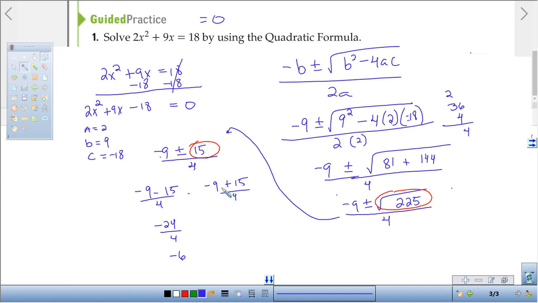This right here gives me 6 over 4, also known as 3/2. So those are my zeros, my x-intercepts, my solutions, my roots. What do y'all think, guys? Not too bad, right?